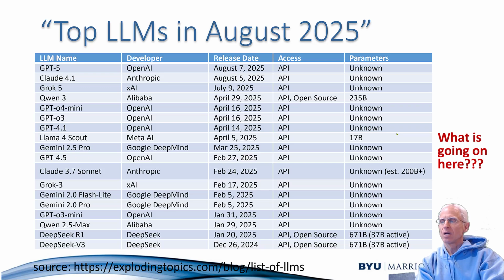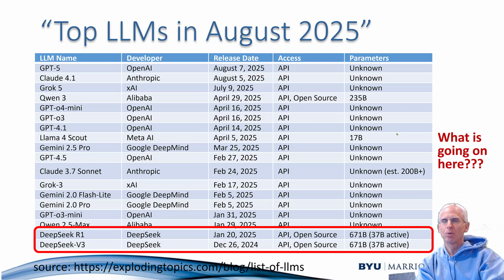It's unfortunate. It's interesting that on this list there are the DeepSeek models, which are open source, and there we know how big they are: 671 billion, but as a mixture of experts model, they only activate 37 billion at any given time. So that's actually not a really big model. It's pretty amazing how well it does with so few parameters.